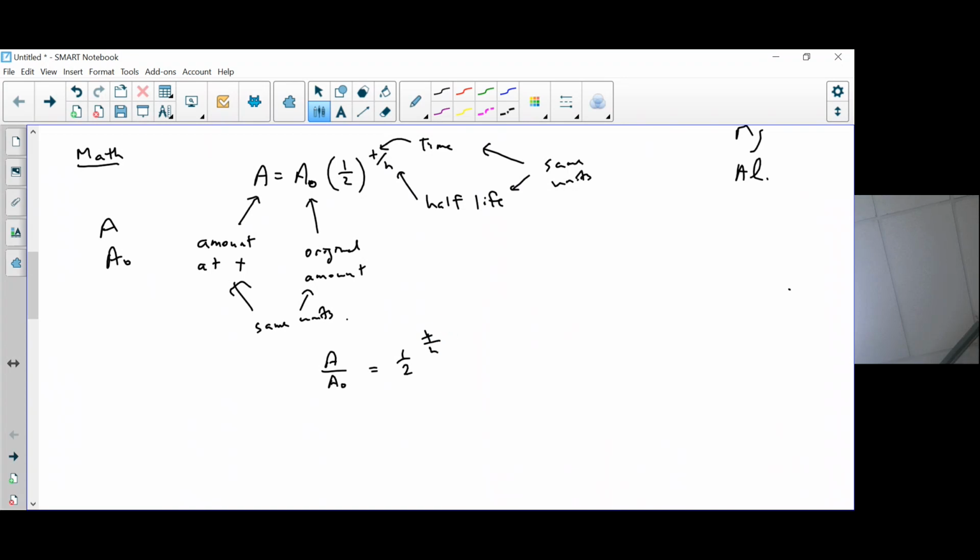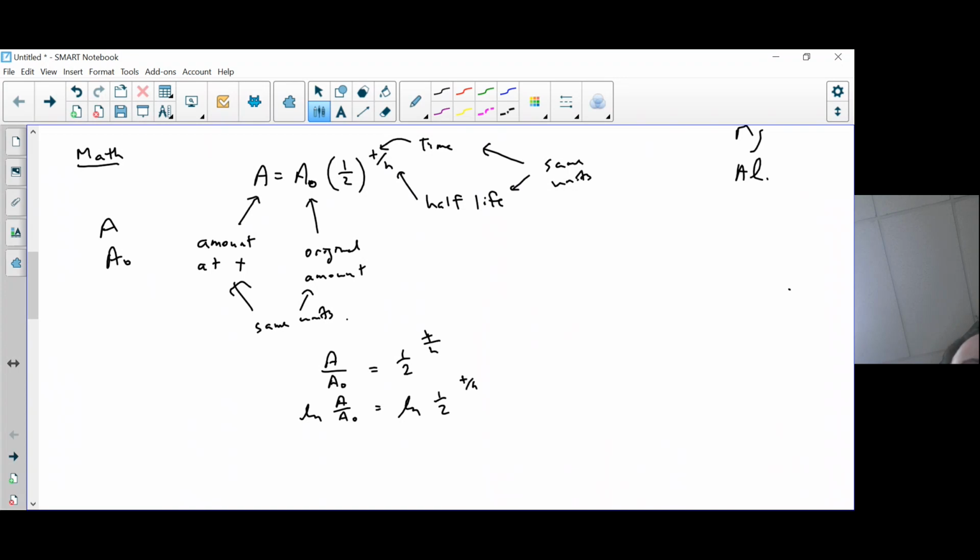And then I'm going to take the log or ln, they're the same thing, just different base. It's a button on your calculator, ln. Log works the same, but I like to use ln. I'm going to take the ln of both sides. So the ln of A over A0 is equal to the ln of 1/2 to the t divided by h.